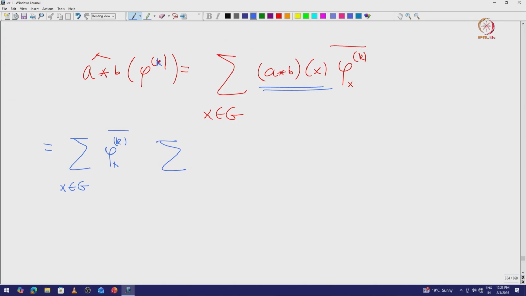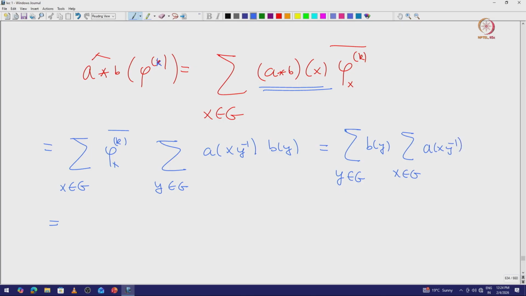Now we just use the definition of the convolution product, it is going to be A of x y inverse B of y, where y comes from G. Now this is equal to, if we do a little change of variable, we just rewrite, change the summation: summation y in G B of y and then summation x in G A of x y inverse phi x k bar. So this is what we get.